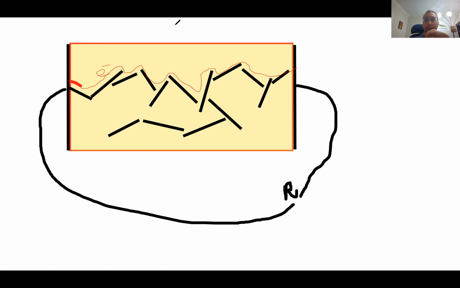This is what we call a percolated network. Whereas if electrons end up here, it's a dead end. Electrons that come from here can go this way, but they're not going to reach the other electrode.